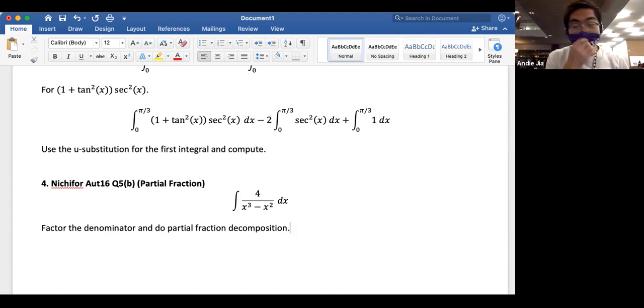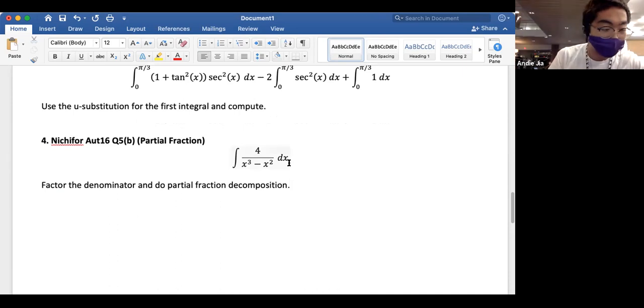Then for the integration, set them equal.